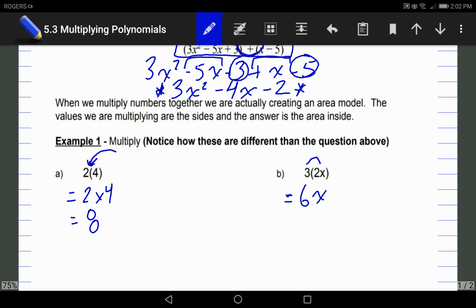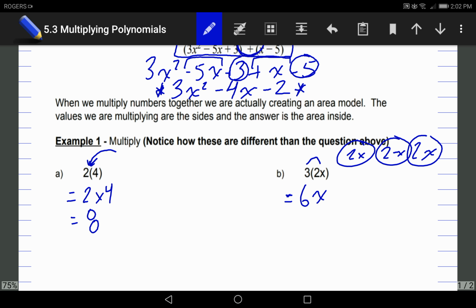So if you have 3 2x's, you have a total of 6 x's, 3 groups of 2 x's. If I were to draw this out, I have 2x, 2x, 2x. I have 3 groups of 2 x's. That's what this means kind of as a drawing. So how many total x's do I have? Well, I have 6 x's altogether. All you need to do is multiply 3 times 2 to see that you end up getting 6x.